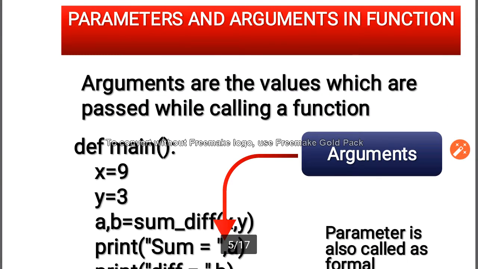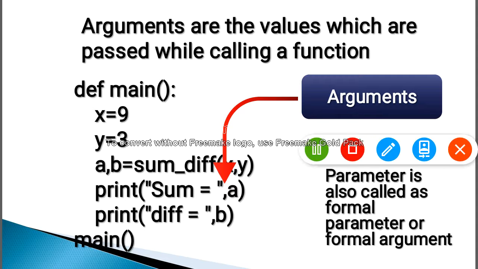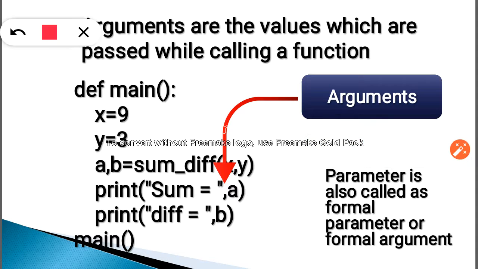Now arguments are the values which are passed while calling a function. Suppose I have got this function. Now if I send sum_def(x, y), so over here it is x, y.